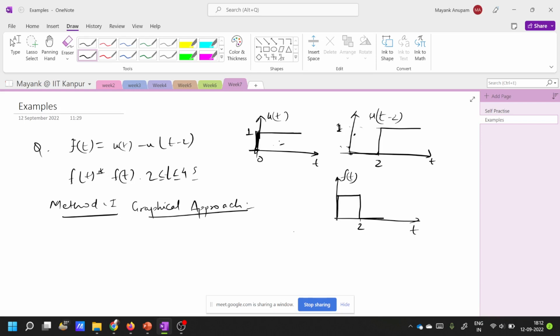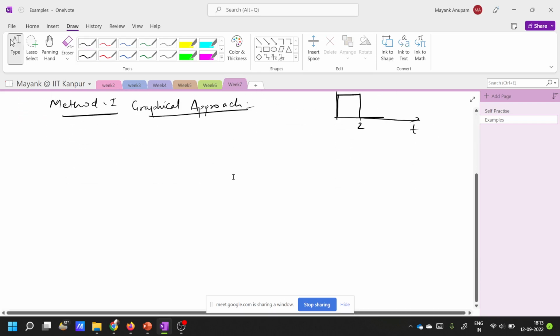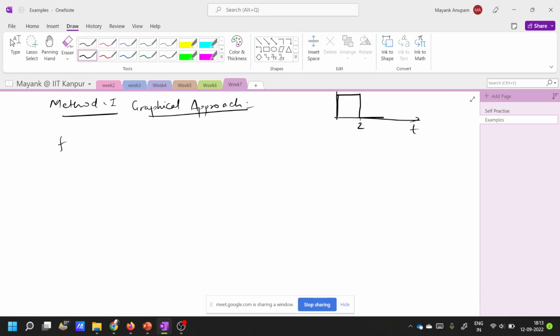Now I have to convolve, right? f of t convolved with f of t. What is the formula of convolution? How do you find convolution? If f of t is convolved with f of t itself, it means the integral of f of tau into f of t minus tau, d tau.